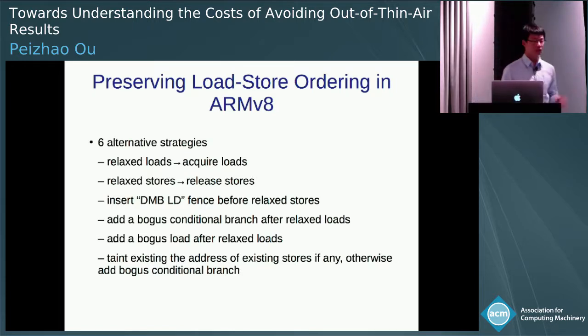Similarly, the fifth option is to add a bogus load, whose address would use the result of the previous relaxed load, so that we form address dependencies here. The last option is to taint the address of an existing subsequent store to form address dependencies, if there's one such store. If not, we just add a bogus conditional branch after the relaxed load.